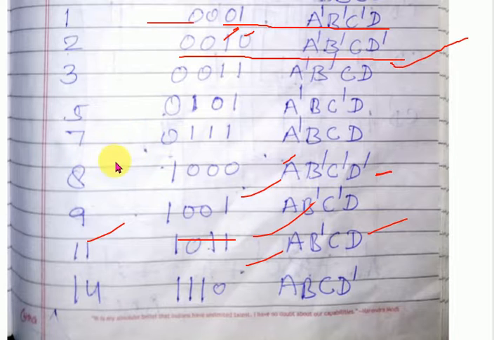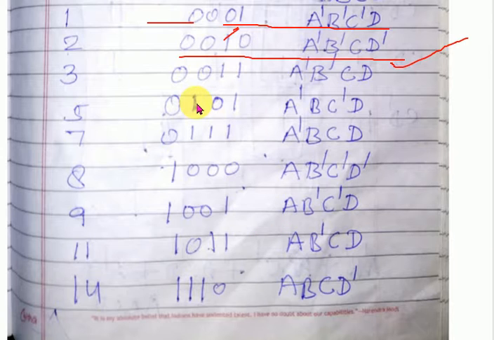And 7, similarly 7 can be represented in the binary expression as 0 1 1 1, and in the min term form 0 means a dash and these three 1s are represented by b c d.